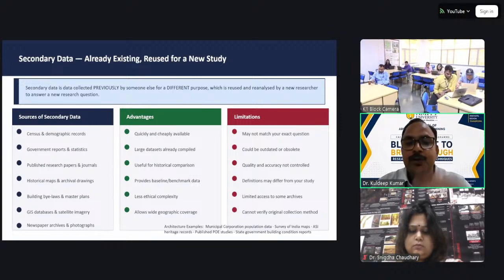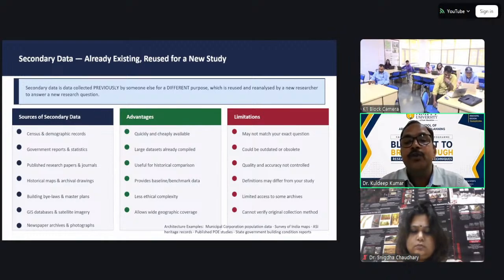Compared to primary data, it is quickly and cheaply available, and large data sets are already compiled and in a clean format. Also, it is invaluable for historical comparison, like understanding how a place has changed over time. It provides a baseline against which your primary findings can be benchmarked.